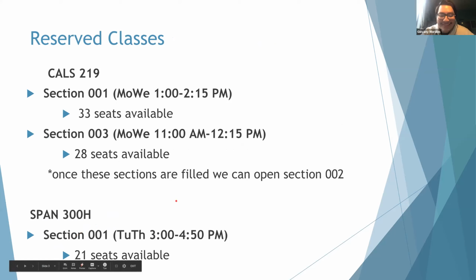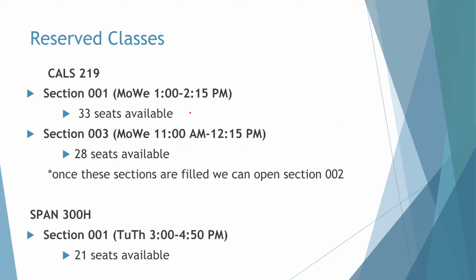Thank you. Thank you. And then we do have some course reserved classes. So we have that CALS 219 class, which will be held Mondays and Wednesdays from 1 to 2:15. And we do have a few seats available in each class.